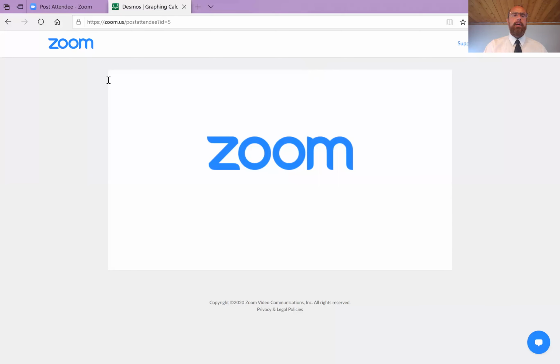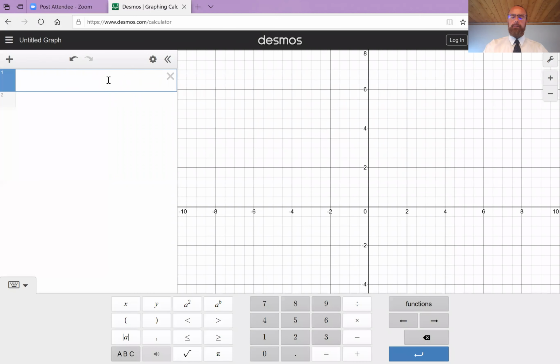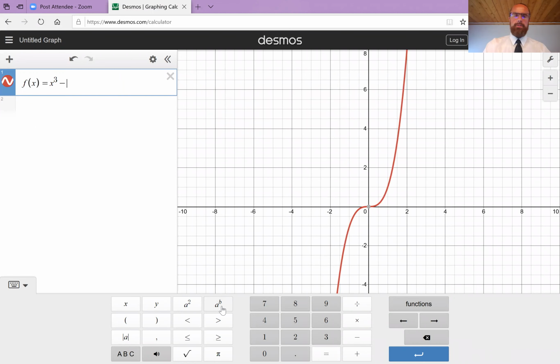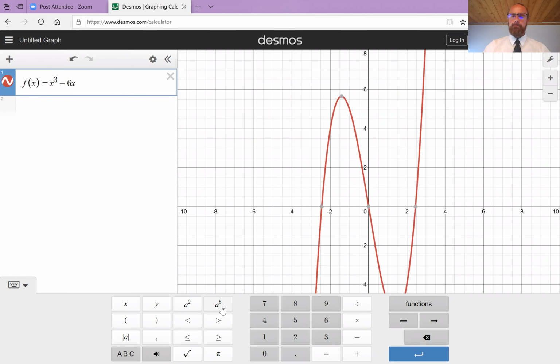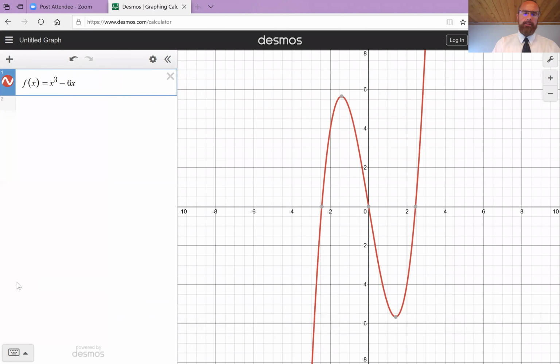Now to do that, I'm going to put my cursor there in the entry and type in f parentheses x, f of x equals, and then I'm going to put that function, x to the power of 3 minus 6x. Then I'm going to close down the keypad so we can see our graph.